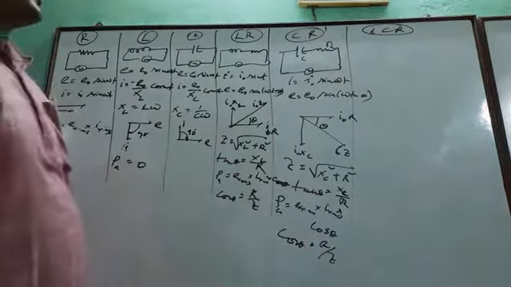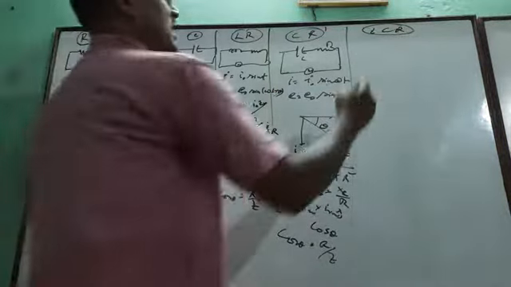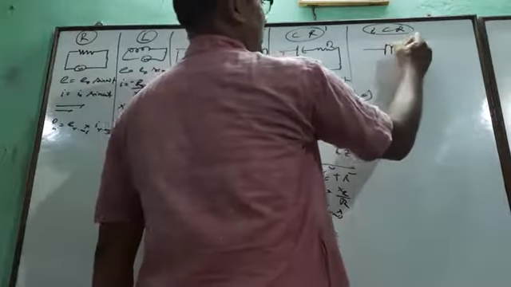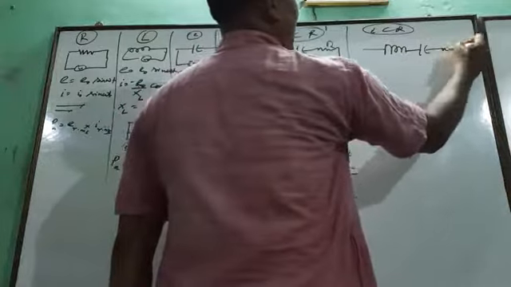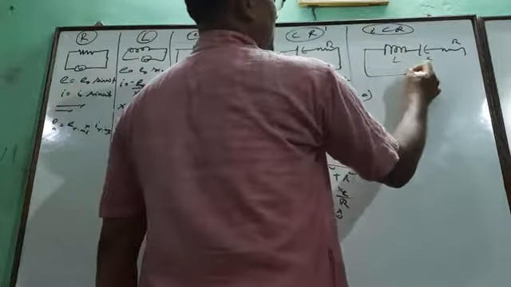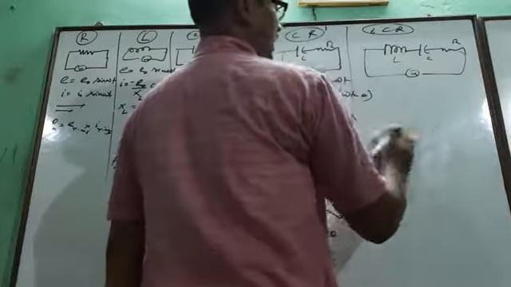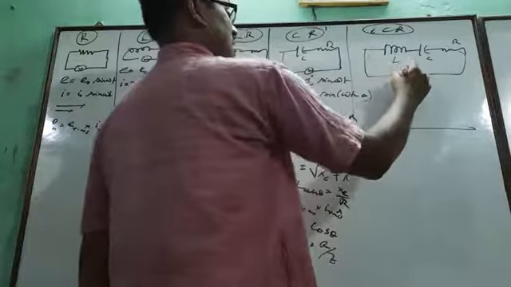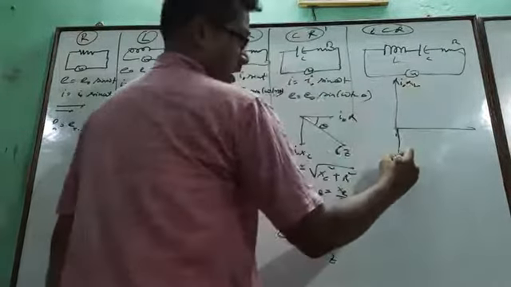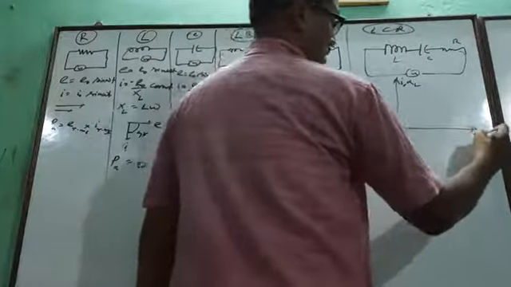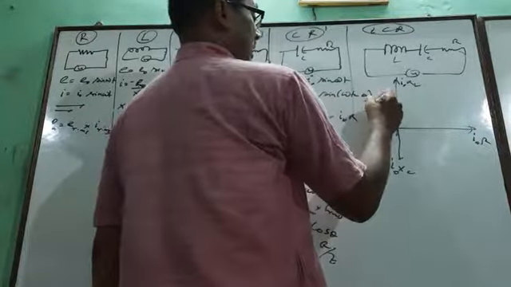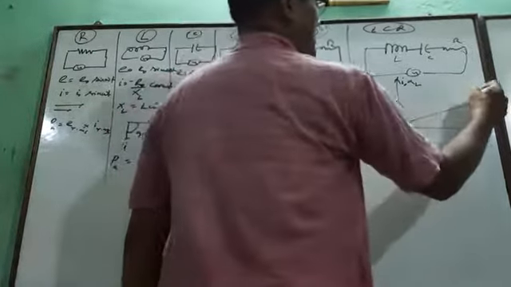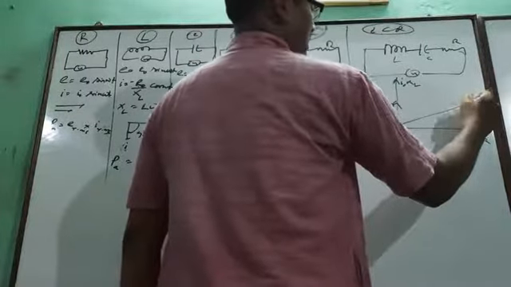Okay. Now LCR. In LCR, inductor L, C and R are in series. Then the phasor diagram will be like this. This is I0 XL, I0 XC, I0 R, and this will be I0 XL minus XC, and this is I0 Z, and this is theta.